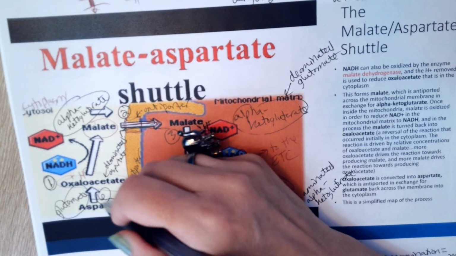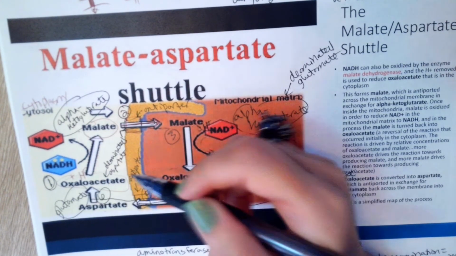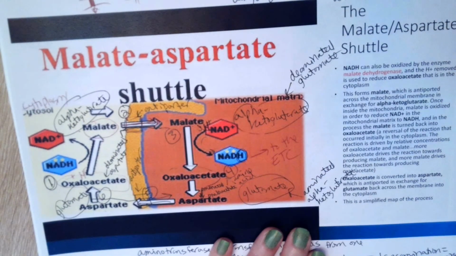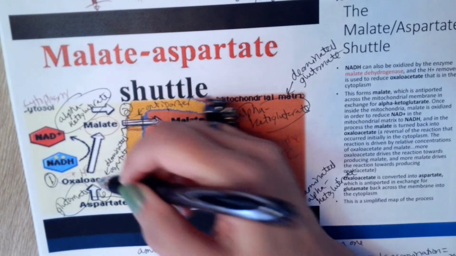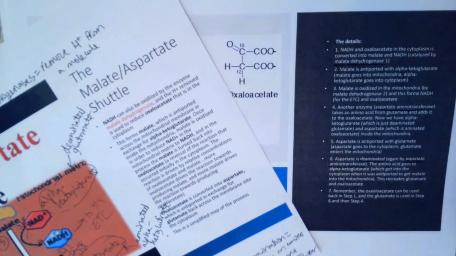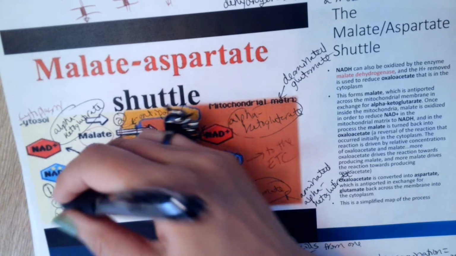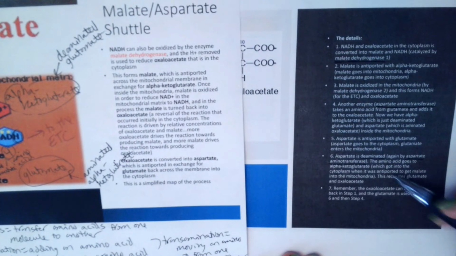So the amino acid from aspartate goes to alpha-ketoglutarate, and that makes glutamate. Leaving that aspartate deaminated, no more amino acid on it, which is now just oxaloacetate again. So now we're back to the end, which puts us at step number 7, which is really just like, oh, we're back to step number 1, because it's a big circle.